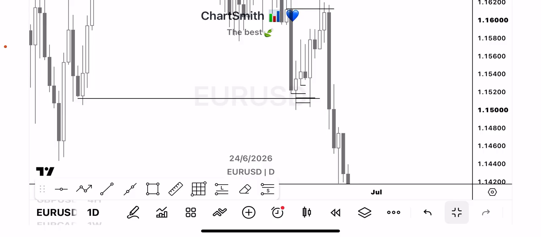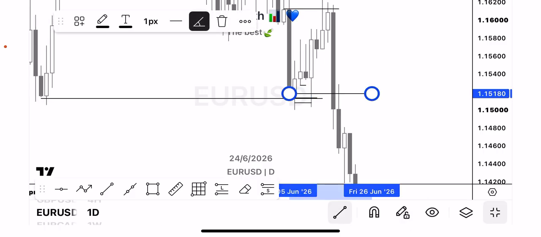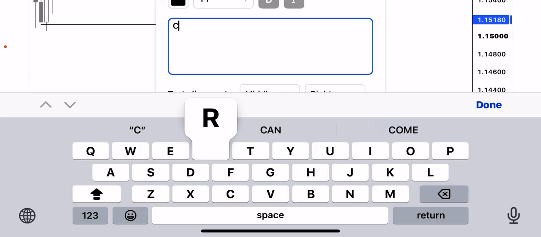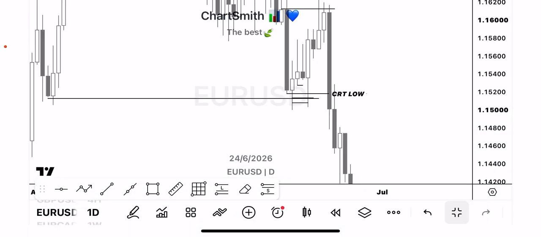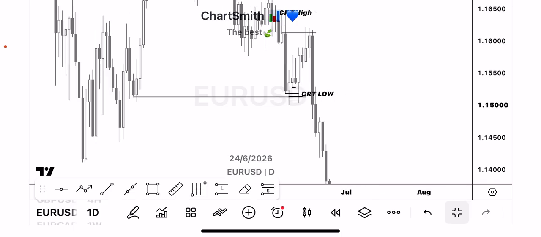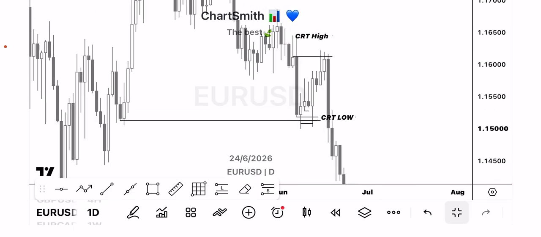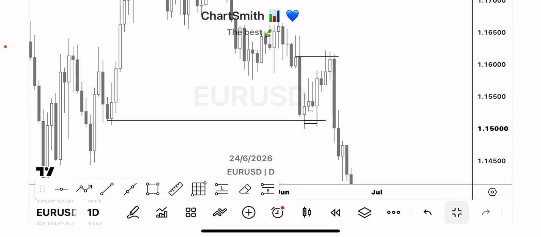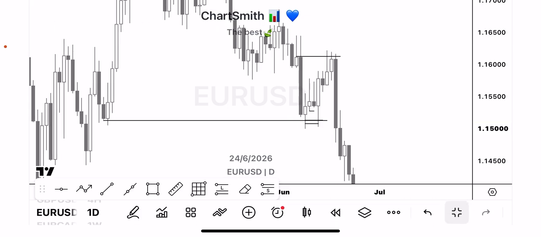Let me take all these out so we could clearly see it, and then these are our CRT low. All right, now after we have seen that price giving us our CRT high and also our CRT low, we then went down to look for a more precise entry.